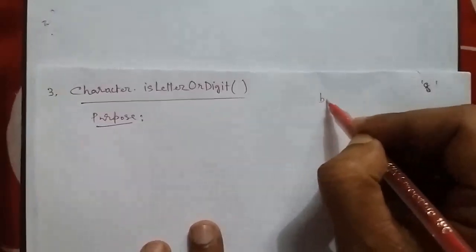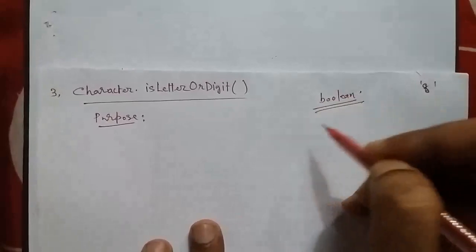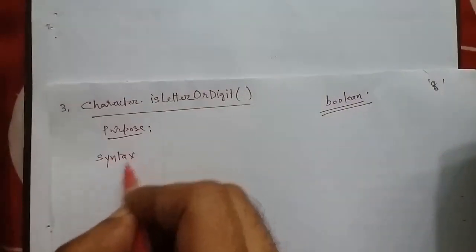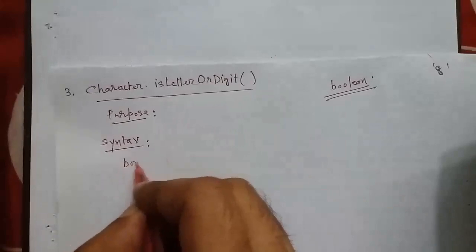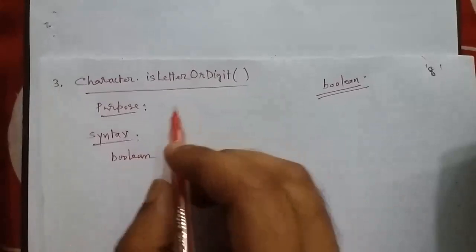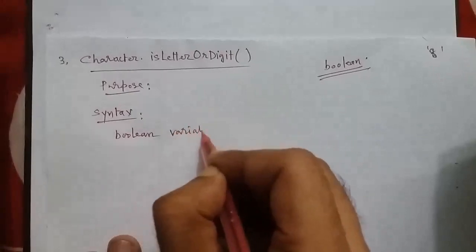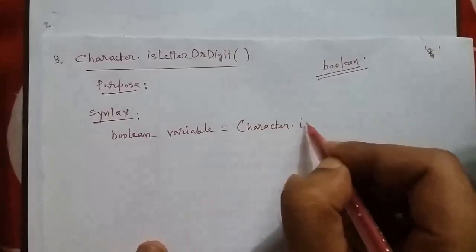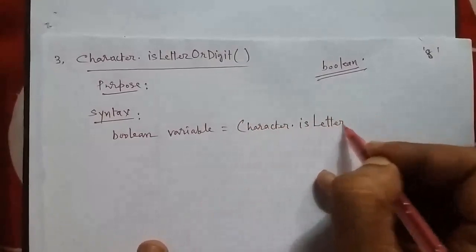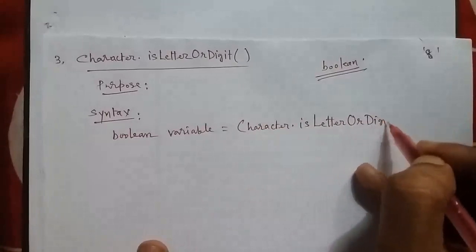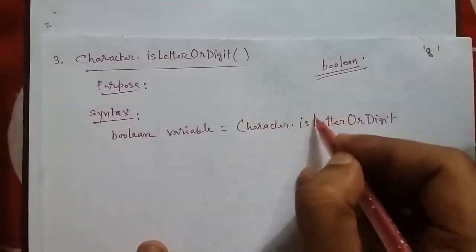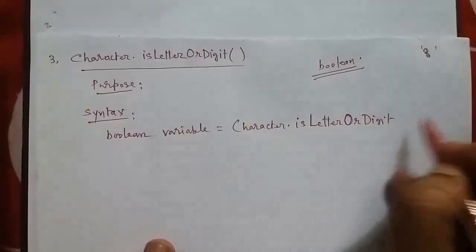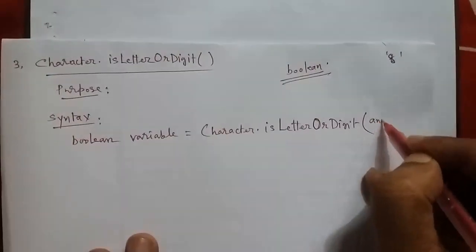So return data type obviously Boolean, and syntax. The syntax is similar. Boolean, then take a variable, Boolean variable equals to Character.isLetterOrDigit, then any character.